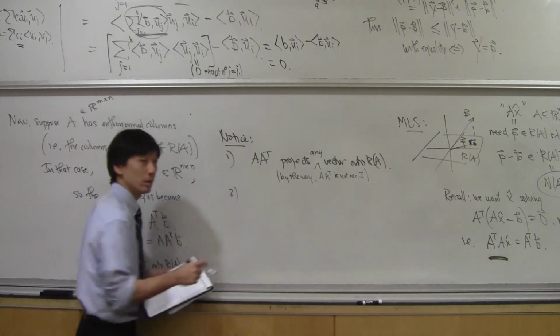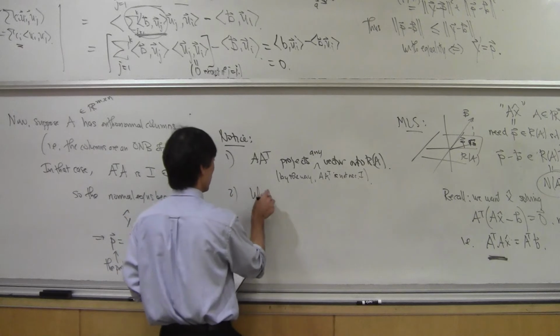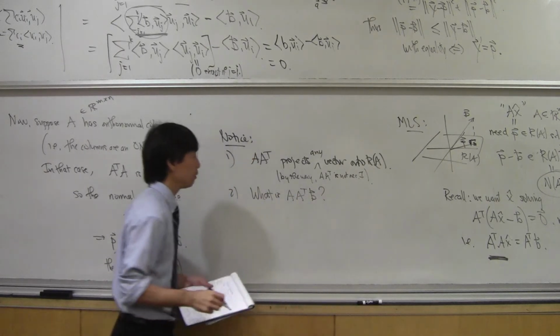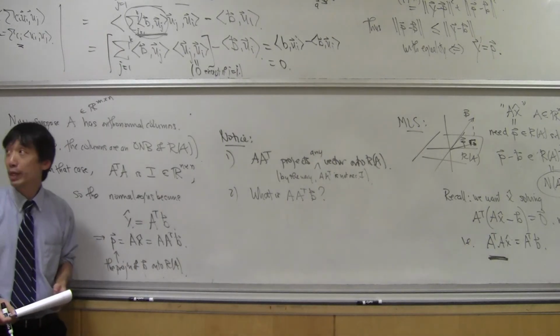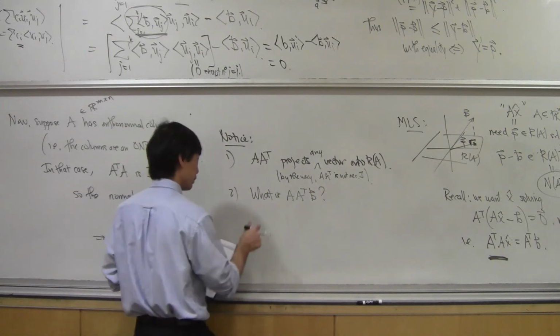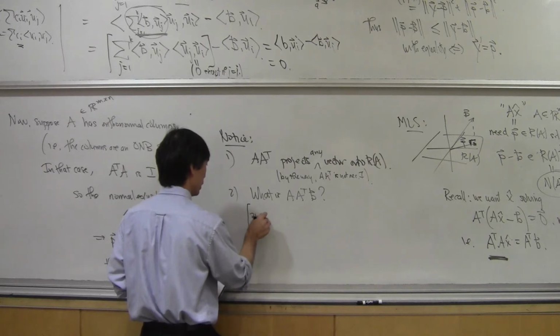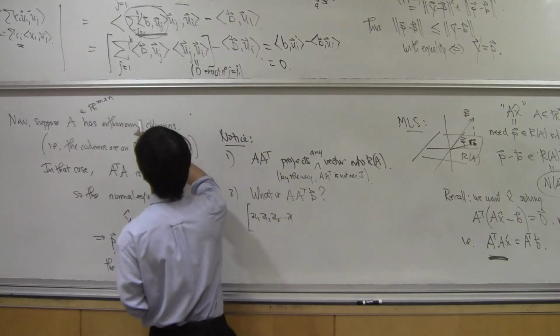Okay. Part 2. What is A A transpose of B? What is the projection? Actually, you know the answer already, but let's spell it out. Okay, let's think. A looks like this: column 1, column 2, column 3, column n.